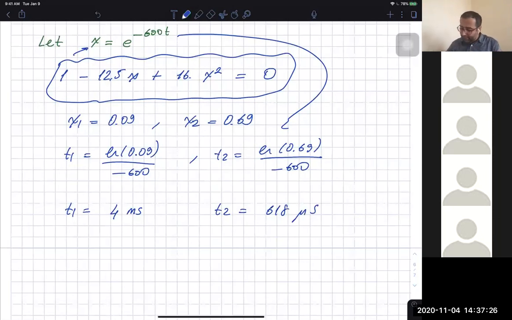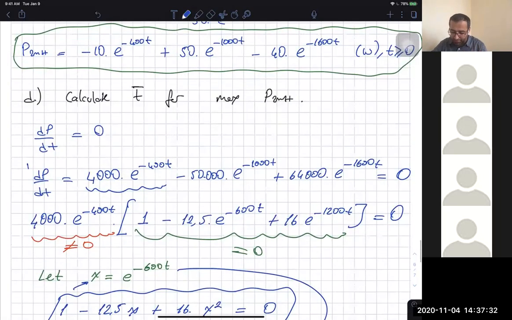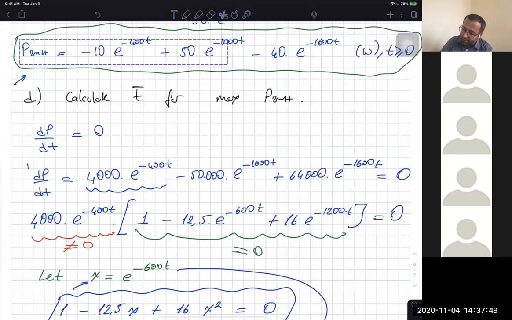Okay, so these are two time instants where the derivative of this power equation will be 0. But in order to know which one is minimum and which one is maximum, we should put those numbers back into this equation and calculate the power, right? So we have one more step. Let's take this equation.